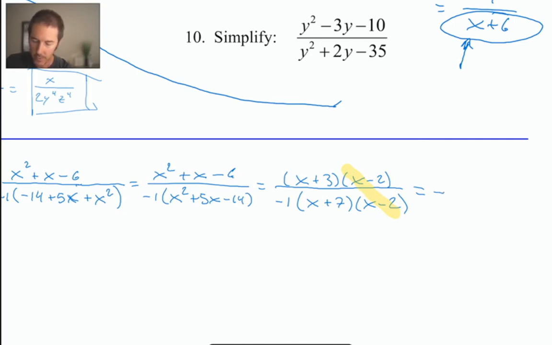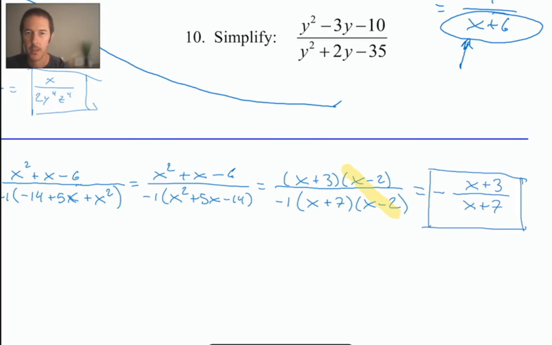You could write your answer as negative and then put your fraction bar with the x plus 7 on the bottom and the x plus 3 on the top. And this would be a very acceptable final answer. How else might the final answer appear?